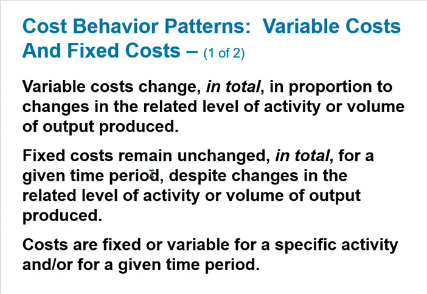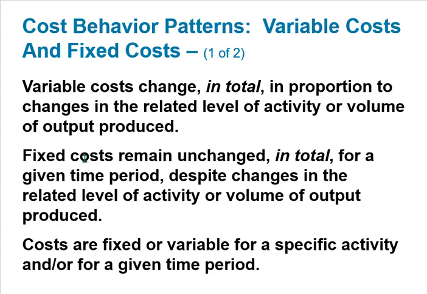So when we think about this, variable costs in total change in proportion to changes in the related level of activity or volume of output produced. So what we're saying here is that it is proportional in total. When you see a change in activity, you should see a change in the variable costs.